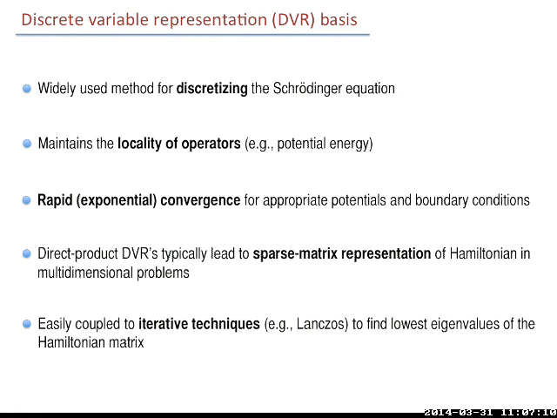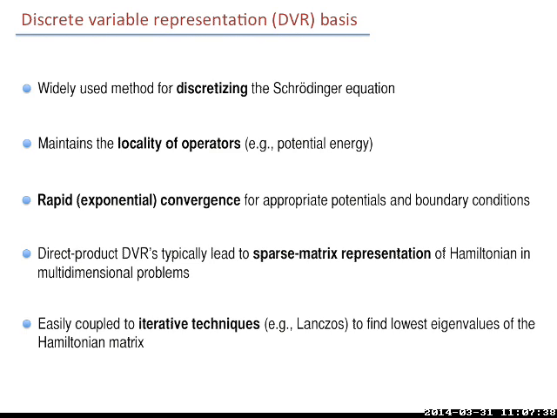Its main virtues are that it preserves the locality of operators, at least approximately. So in the case of the potential energy, for instance, it's very easy to evaluate these local operators. Also, in many cases, at least for appropriate potentials and boundary conditions, you have rapid, in fact exponential, convergence of the calculation as you extrapolate in the IR and the UV.